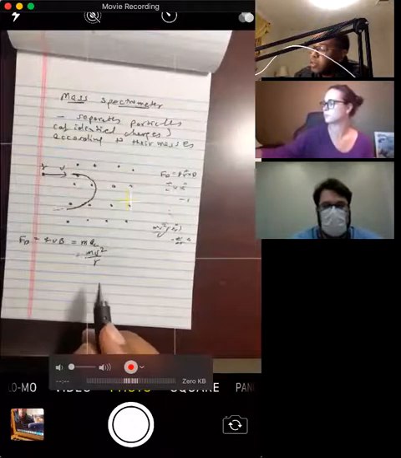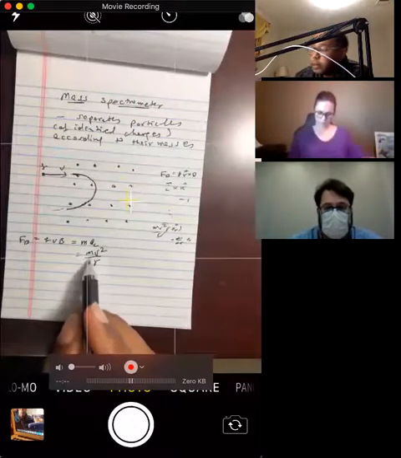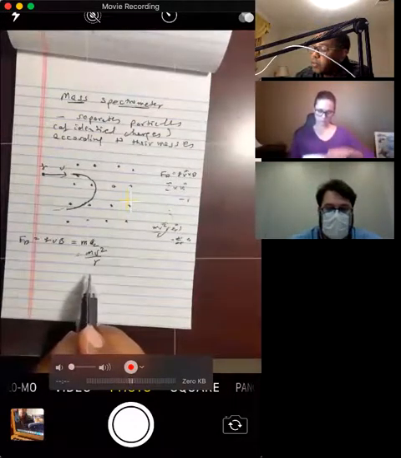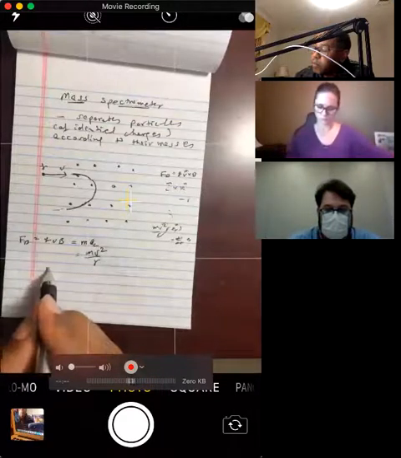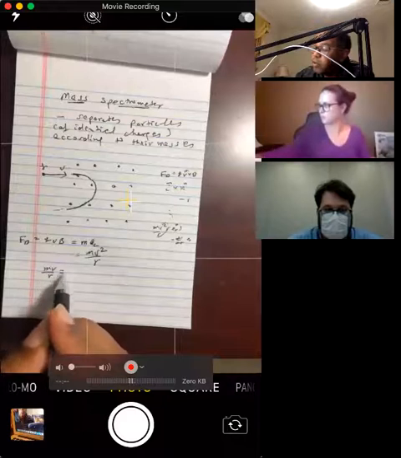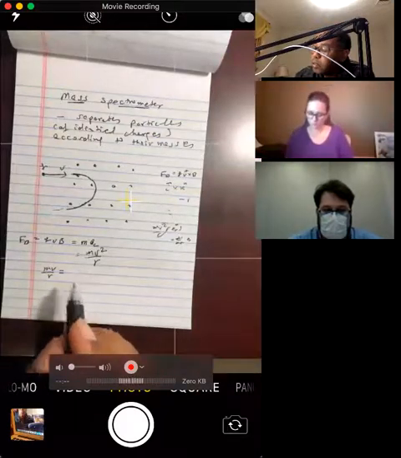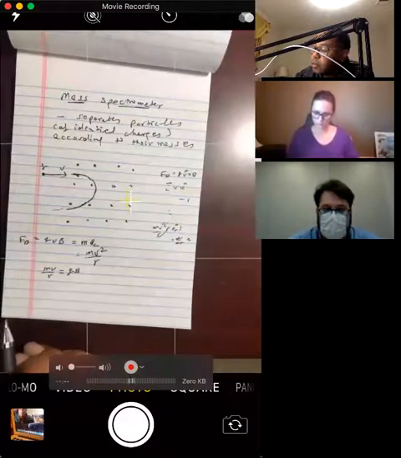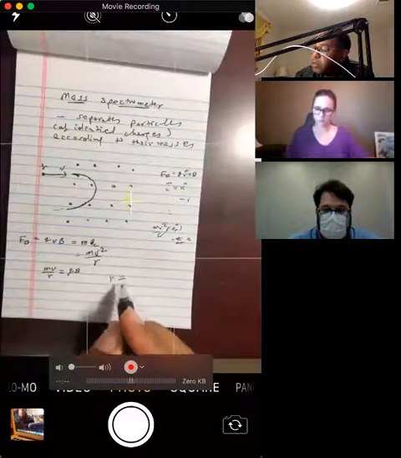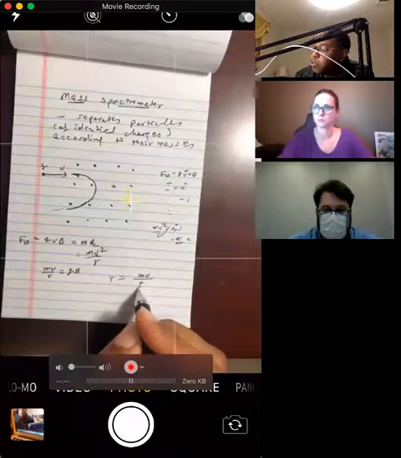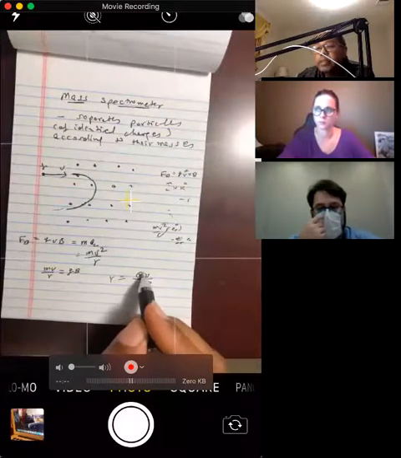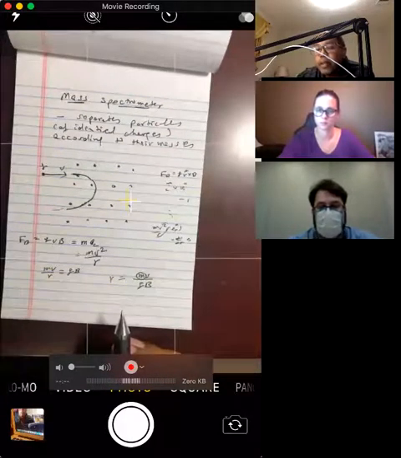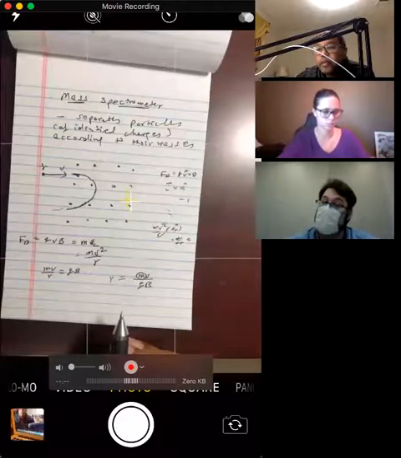So we're trying to get an expression for the mass. Let's simplify it. We have mv over r equals qB, and then we get r equals mv over qB. What does it tell you? The radius is a function of the mass. The greater the mass, the greater the radius.